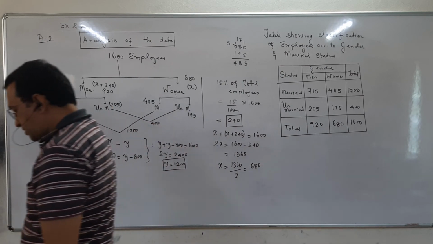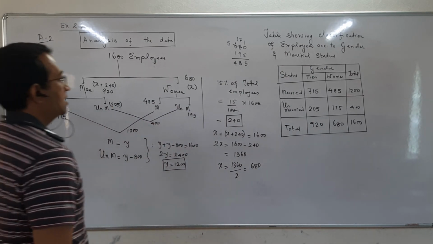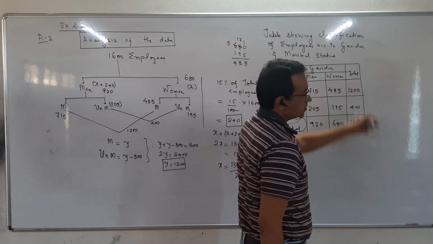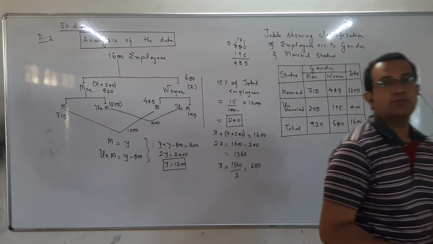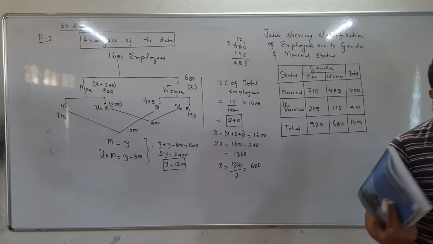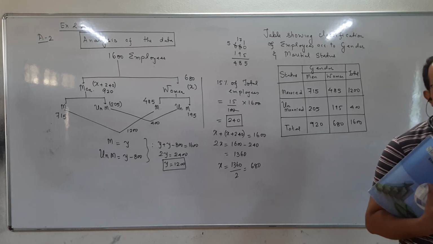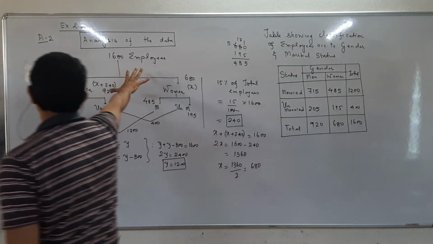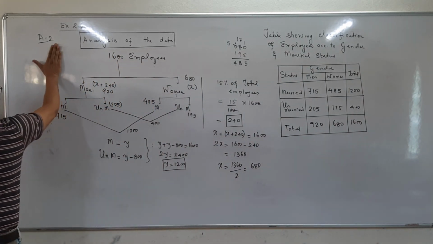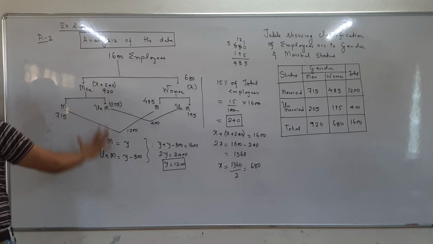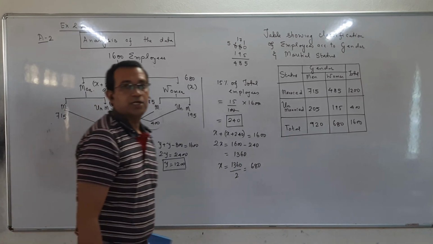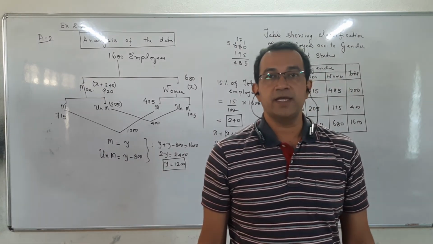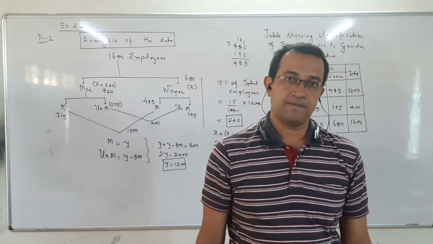So in this type of sums, we facilitate vertical total, column and row total, so that we can get more information from the table. And again I am repeating, analysis of the data does not have any formula. It is based on your general mathematics, regarding which you should be very perfect.